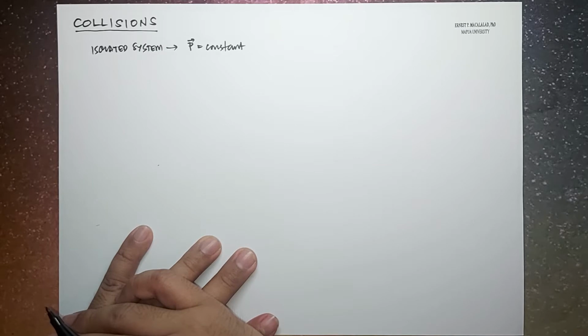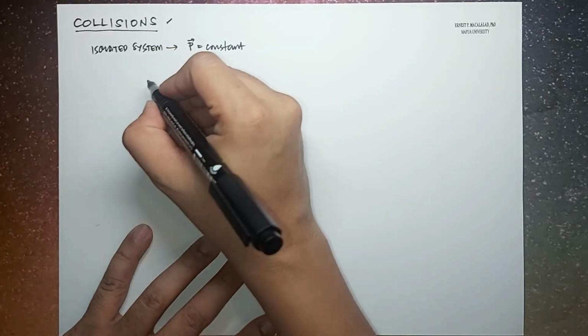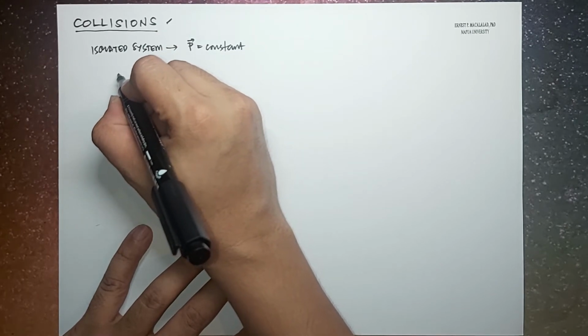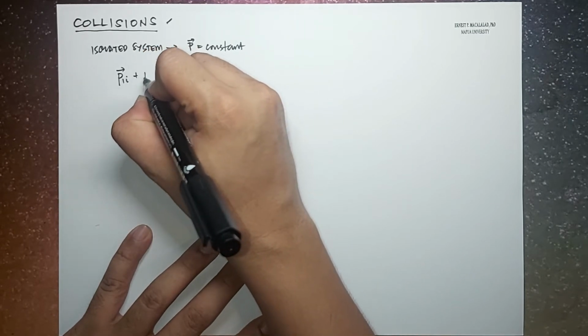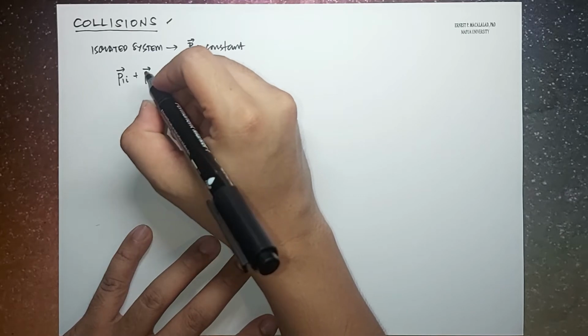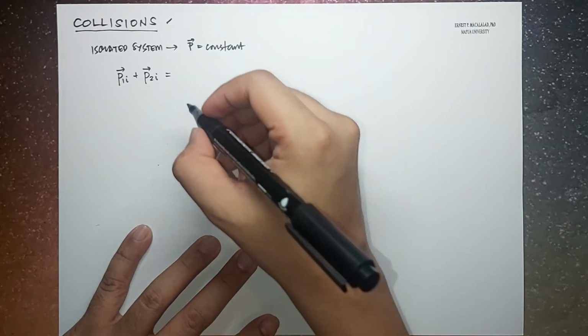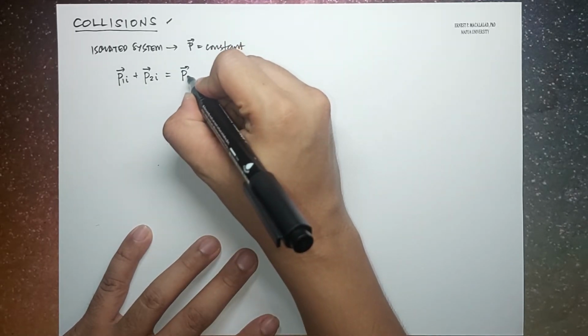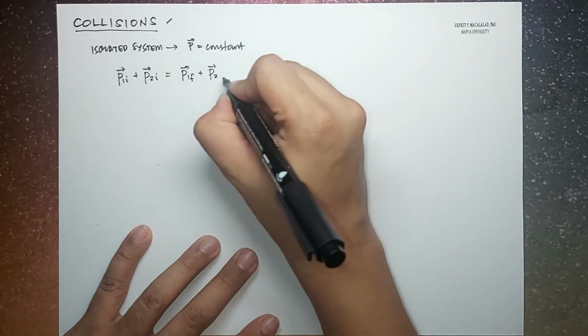So if we allow these two particles, for example, to undergo an interaction, let's say a collision, we know that the total momentum, which is the vector sum of the momentum of the first particle before collision and the momentum of the second particle before collision, would be equal to the vector sum of the momentum of the first and the second particle after collision.